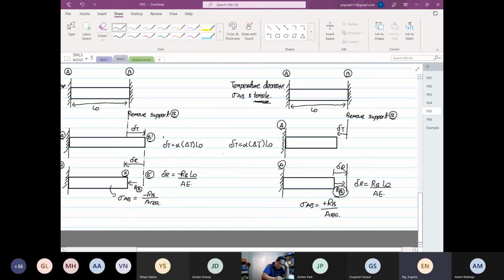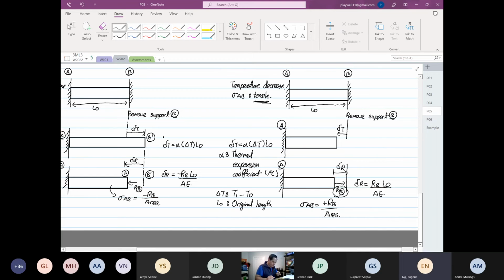Alpha is the thermal expansion coefficient, and the units is per degree C. And the delta T is the T1 minus T naught, and L naught is the original length.